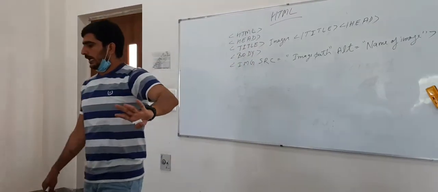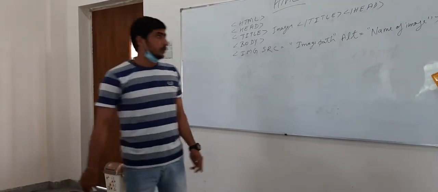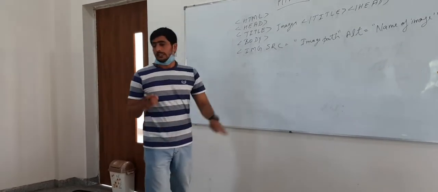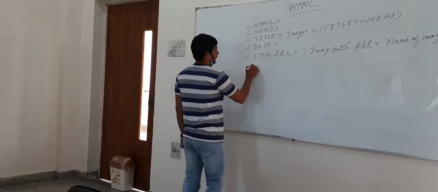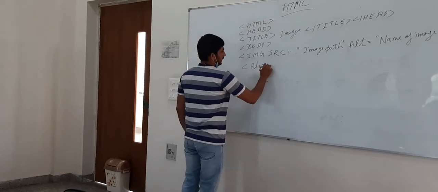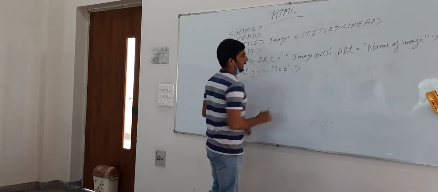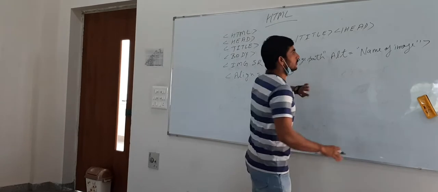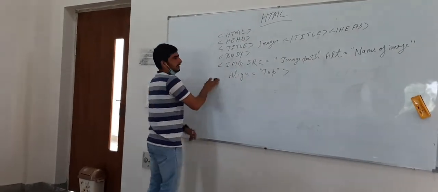Now we can go to the alignment. If you want to choose the alignment of that picture, we can use align equal to top. No need to put these icons, you can use it like this.